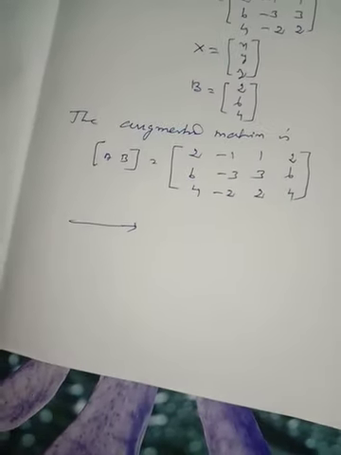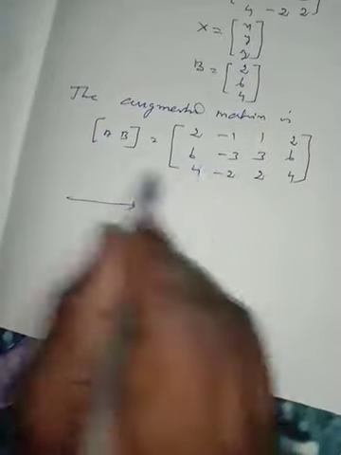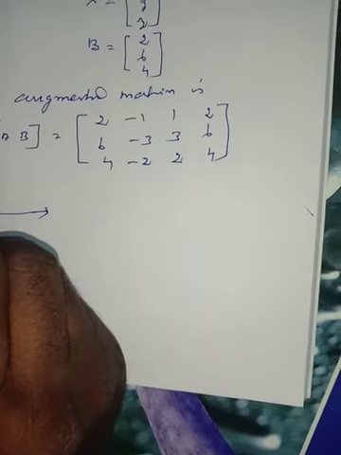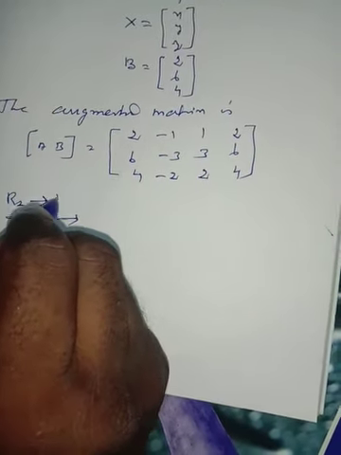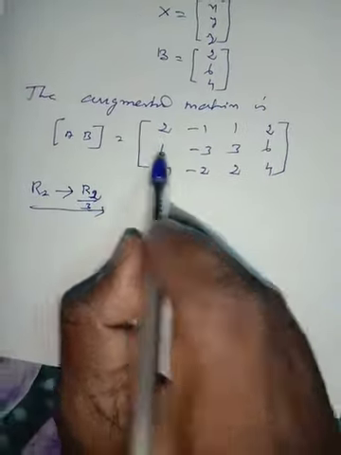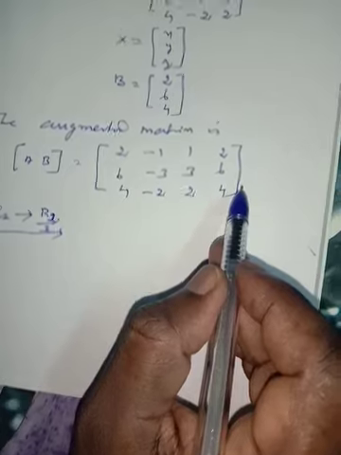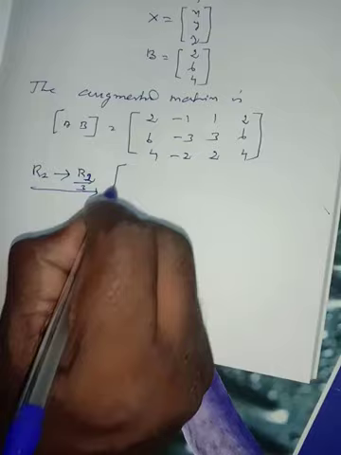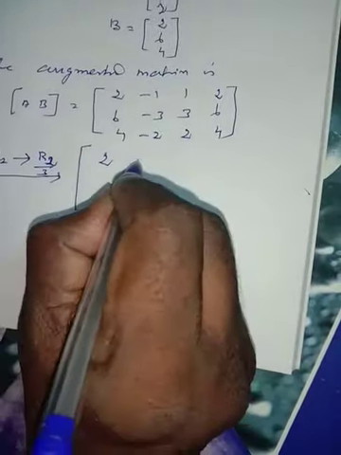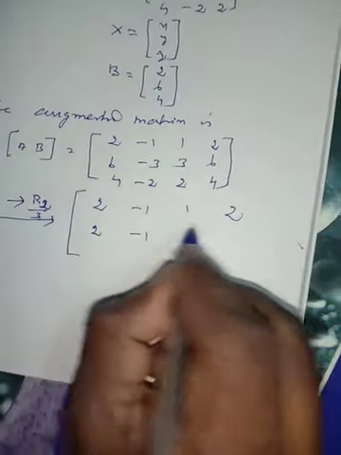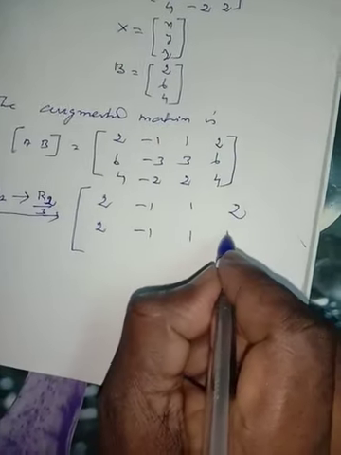Therefore the rule is new R2 implies R2 divided by 3. Second row multiplied by 1 by 3, or divided by 3. Next, 2, minus 1, 1, 2 divided by 3, we get 2, minus 1, positive 1, positive 2.